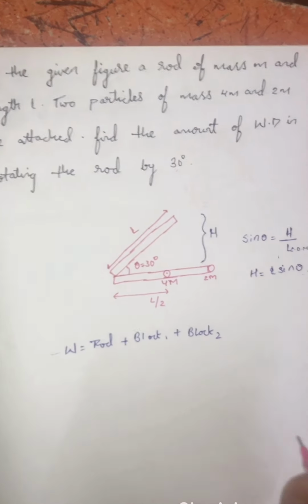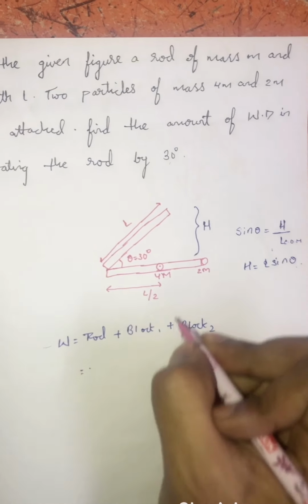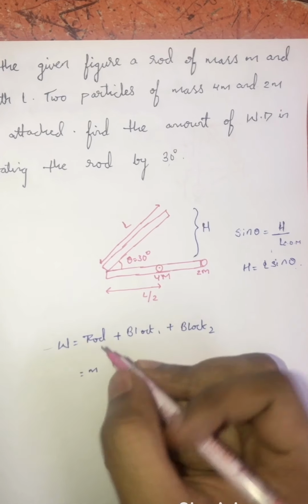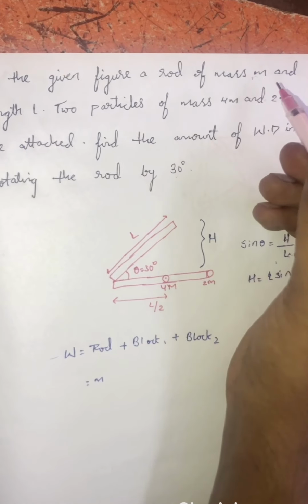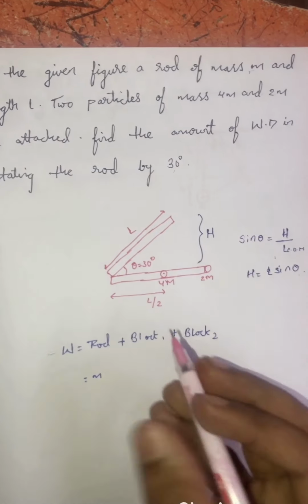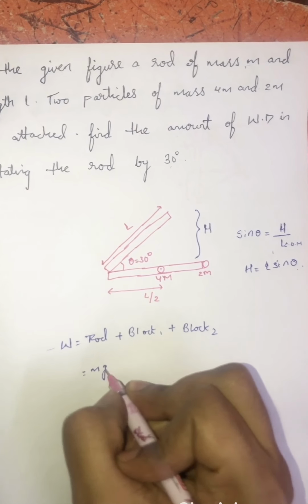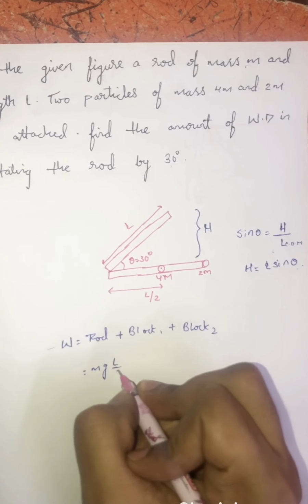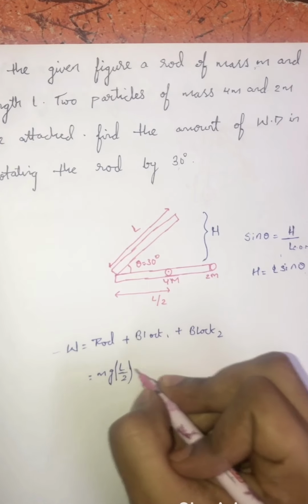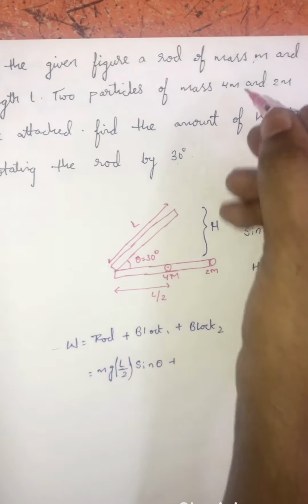So here for the rod, center of the mass will be at L by 2. So mass of the rod is small m, and even the blocks are also in terms of small m itself. So work done of rod is equal to mgh, which will be mg L by 2 sin theta, plus block 1 of mass 4m.